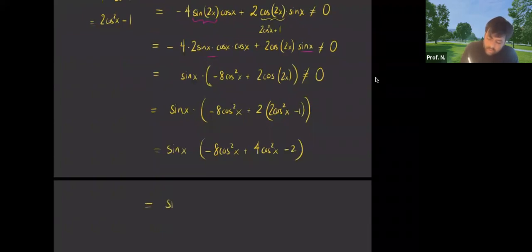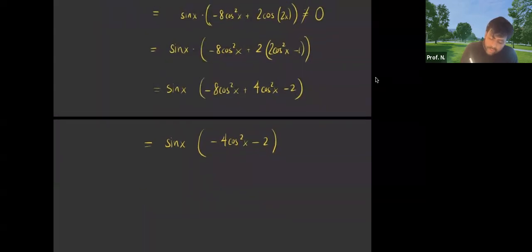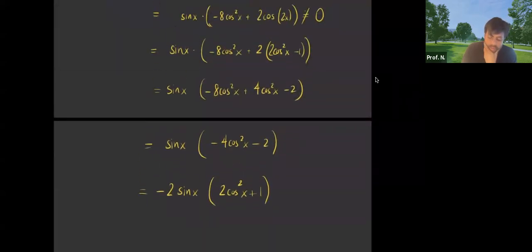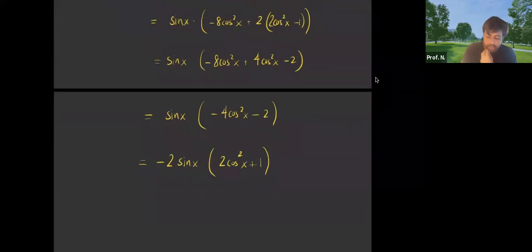And this is sine of x. This would be -4 cosine squared x minus 2. I can factor out the -2 and I get -2 sine of x times (2 cosine squared x plus 1). So this is the Wronskian in its most simplified form.